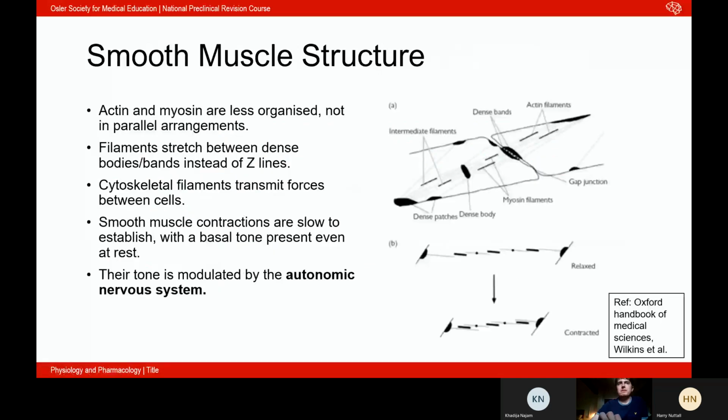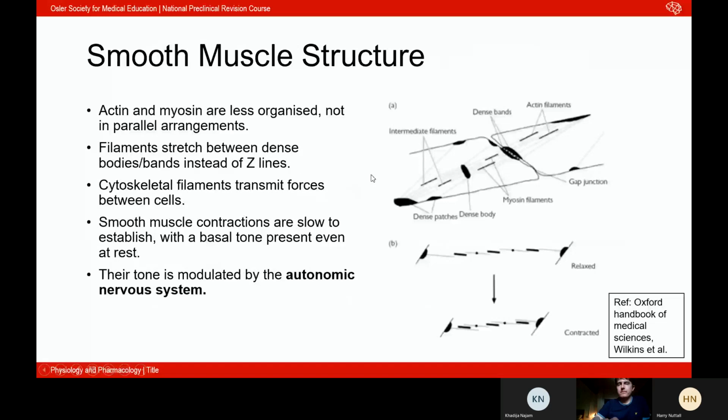So what does the structure of smooth muscle look like? Well, it's much more disorganized than in the other muscles. We see actin and myosin still interacting with each other, but they're not in the same parallel relationships. So the force is not just transmitted in one direction, but it can be in multiple directions.